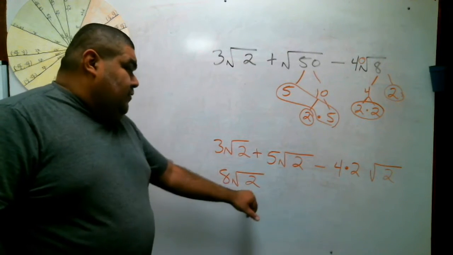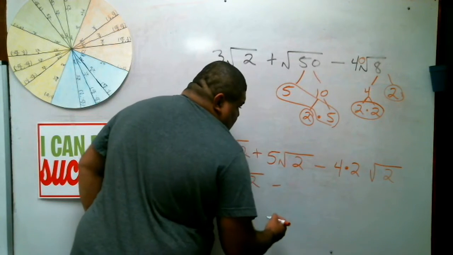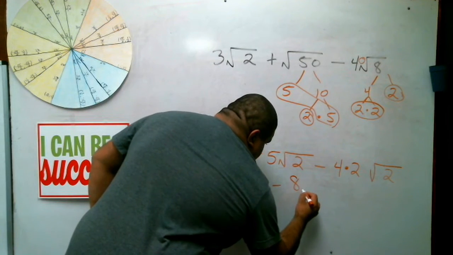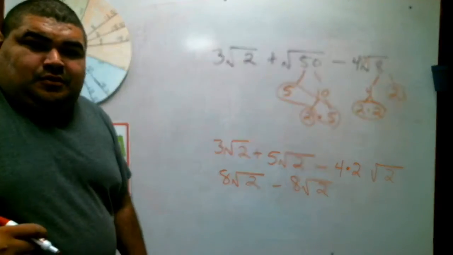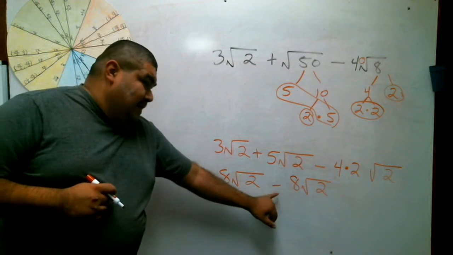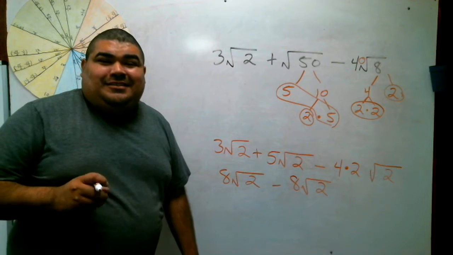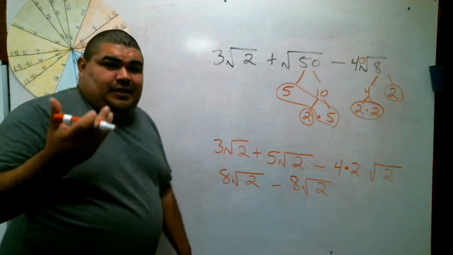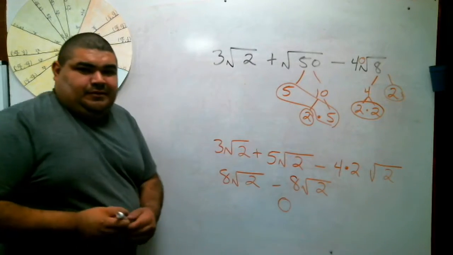So we have 8 radical of 2 minus 4 times 2 is 8 radical of 2. So 8 radical of 2 minus 8 radical of 2 is, any suggestions, guys? 0, right? There's nothing there. Cancels out. So your answer is 0.